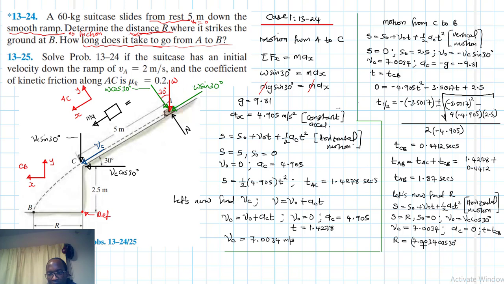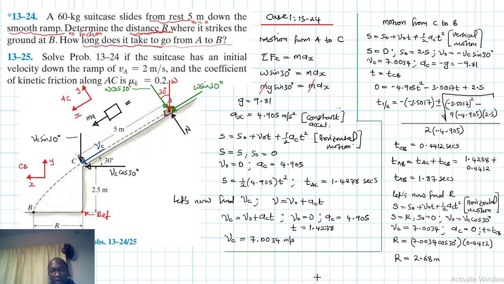So R is 7.0034 cos 30 times the time TCB, which is 0.4412. So this becomes 2.68 meters.